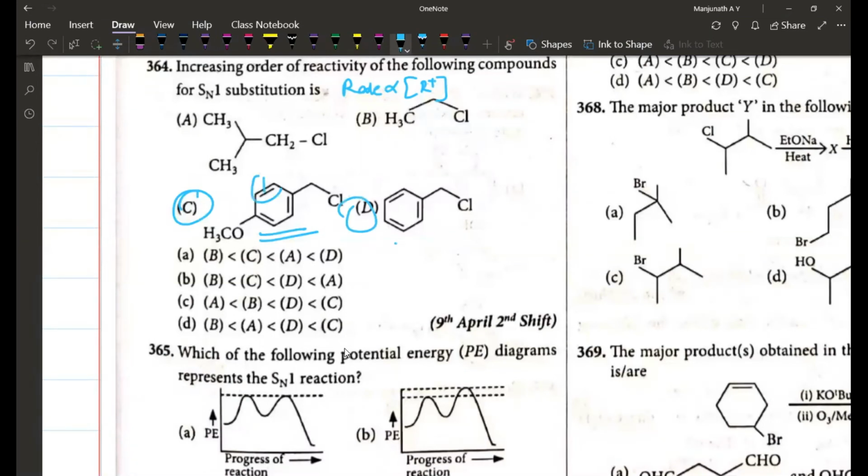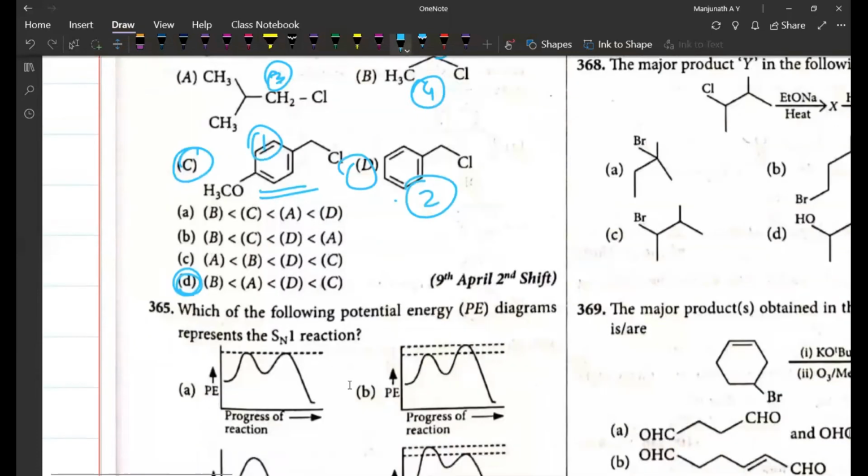So this is first, this is second, then next is A, this one. Why? Because then it can undergo rearrangement. So this is third one. This is last. So isn't it option D? Yes, sir.